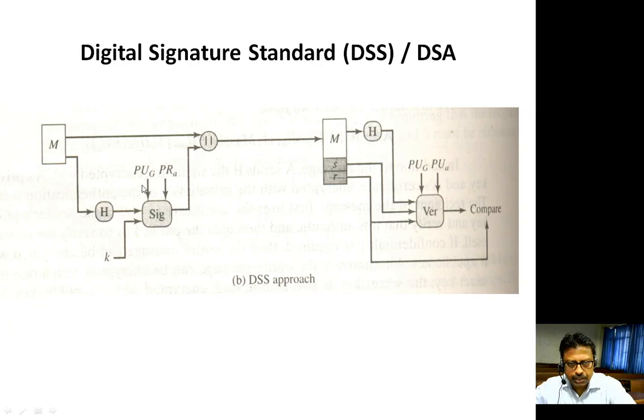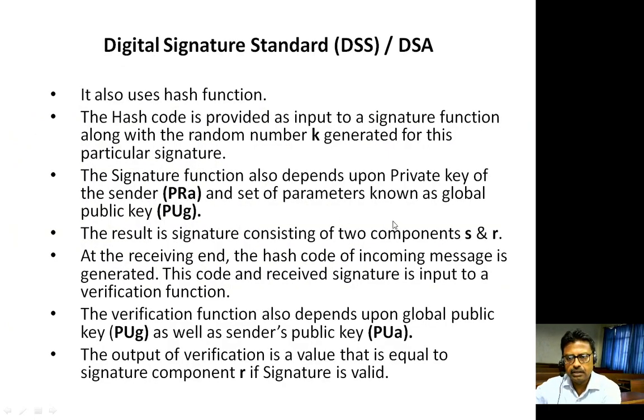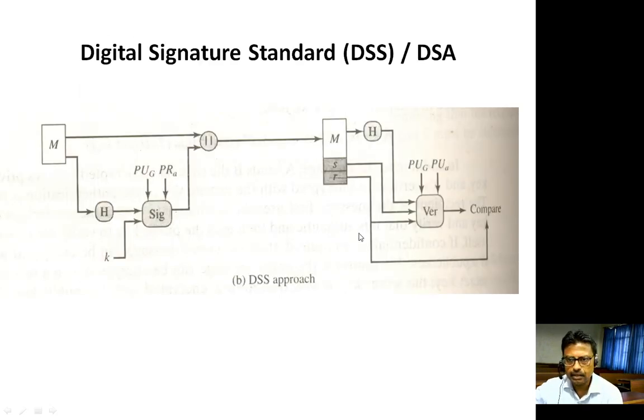So with these three parameters applied with the signing algorithm on the hash value of the message, we get the signature. Then the message and this signature are combined together and sent. As already told in the previous slide, the signature consists of two components, S and R. So along with the message, S and R will be received by the receiver.